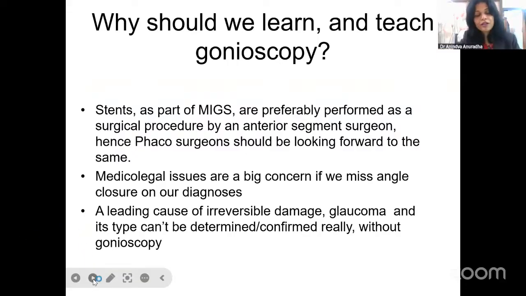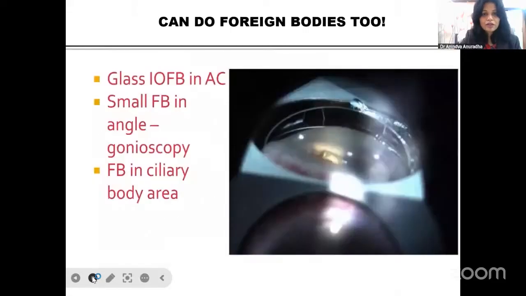And of course there are medicolegal issues if we fail to identify the angle closure, and the patient may land up with an angle closure attack due to using medication that should not be used. And because glaucoma is a cause of irreversible damage, and the type of glaucoma decides the outcome, that is why we must understand gonioscopy.